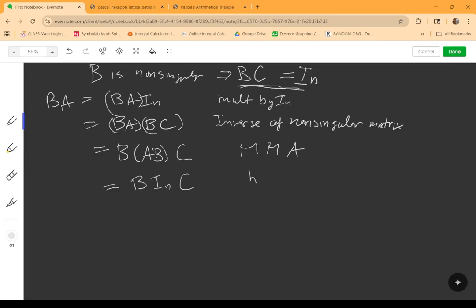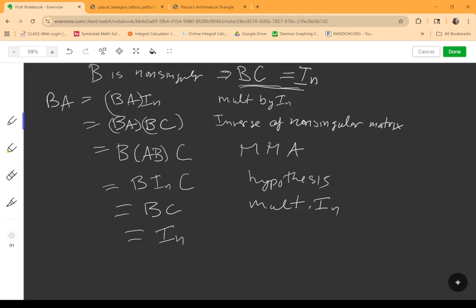This is our hypothesis that allowed me to make this case. And here multiplication by the identity yields just the product. And then from our computing inverses, B times C, I'm guaranteed to get the identity matrix.